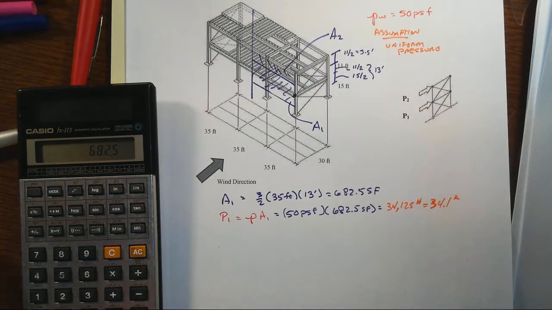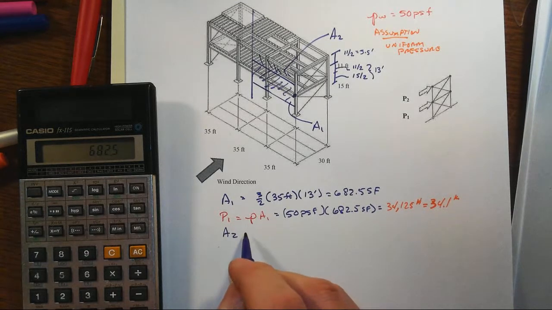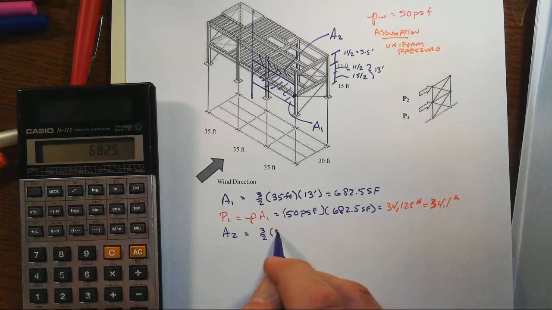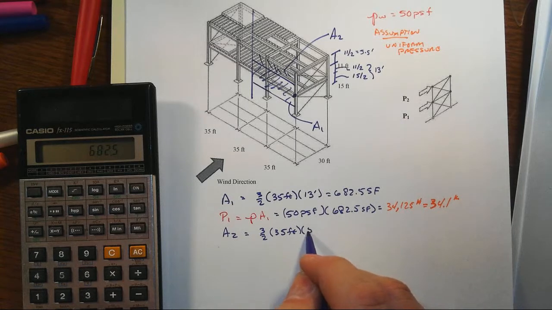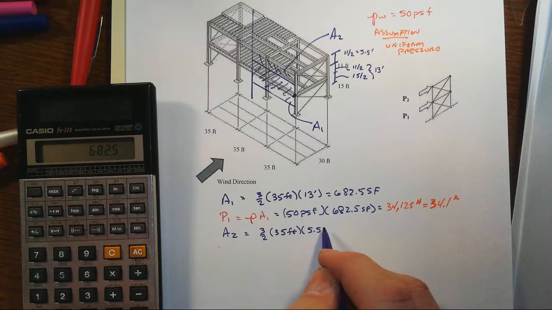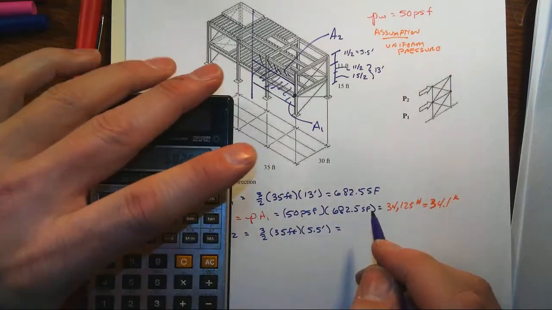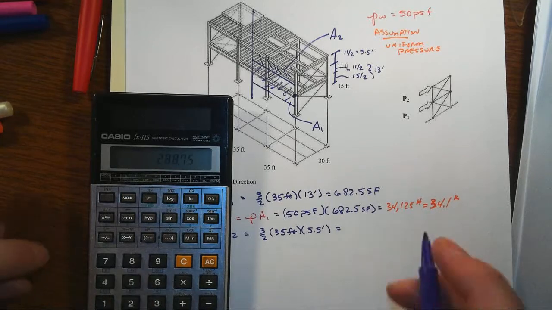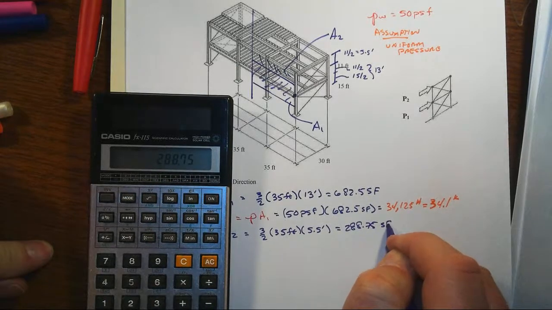And likewise, let's do this for the top one. A2 will be equal to our length of 3 halves of 35 feet times our height of 5.5 feet. I'll be consistent with the inconsistency here. And so 1.5 times 35 times 5.5 gives us 288.75 square feet.